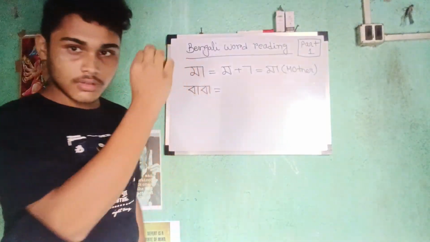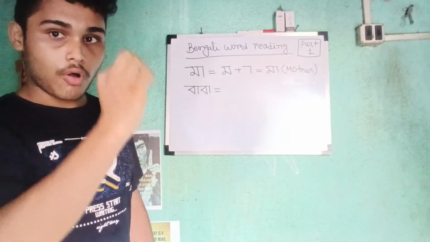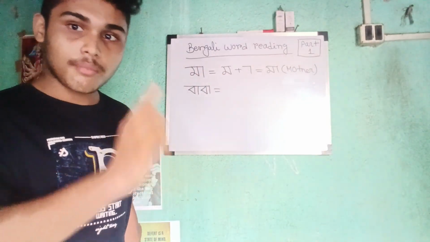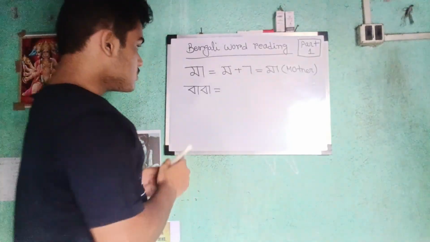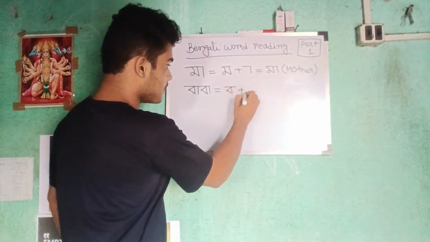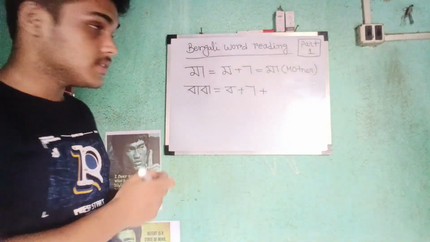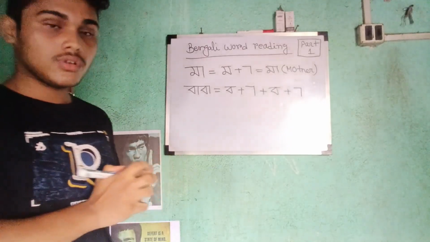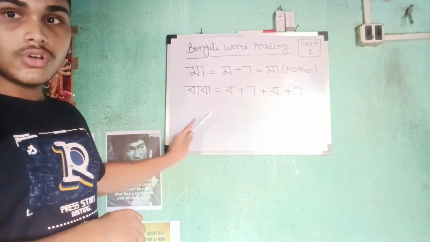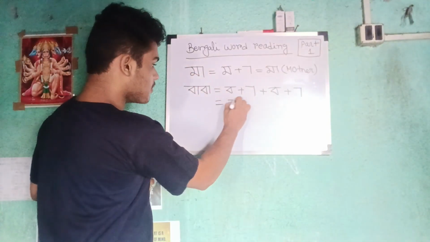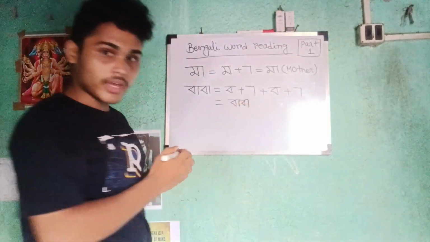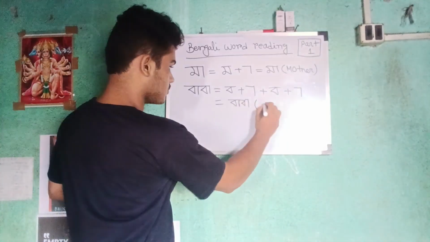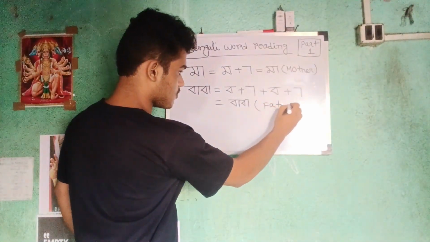Then we have bo plus a vowel sign, baba. So ba, ba. This means father in English.